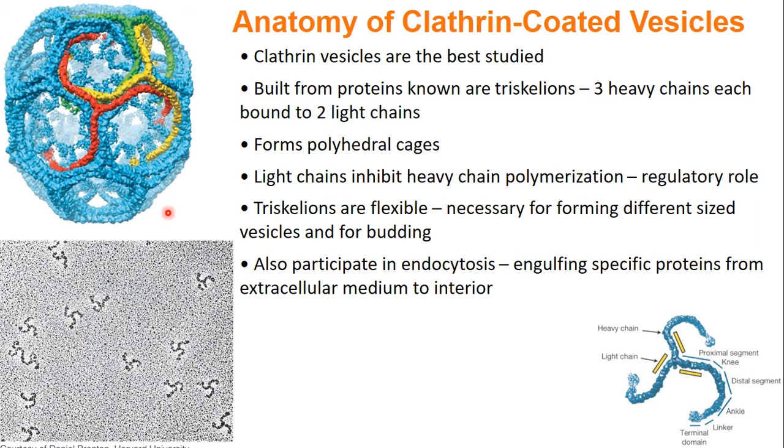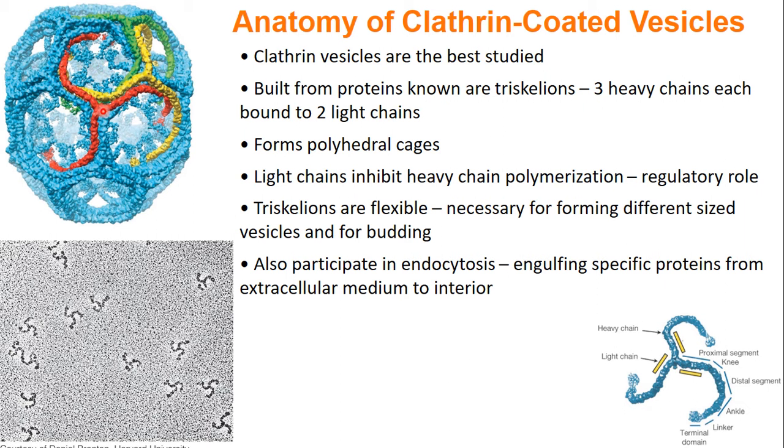Now we're going to look at clathrin to understand our vesicles because they are the best studied type of vesicle protein. Clathrins are made from proteins known as triskelions. You have 3 heavy chains, which are the blue here, each bound to a light chain. So heavy chains and our light chains, and these will form cages.